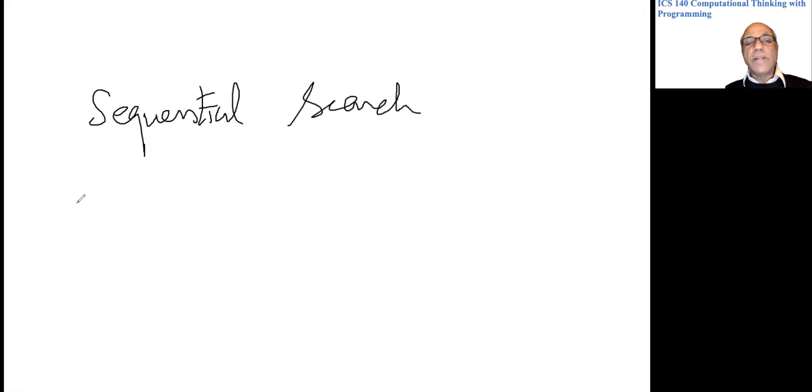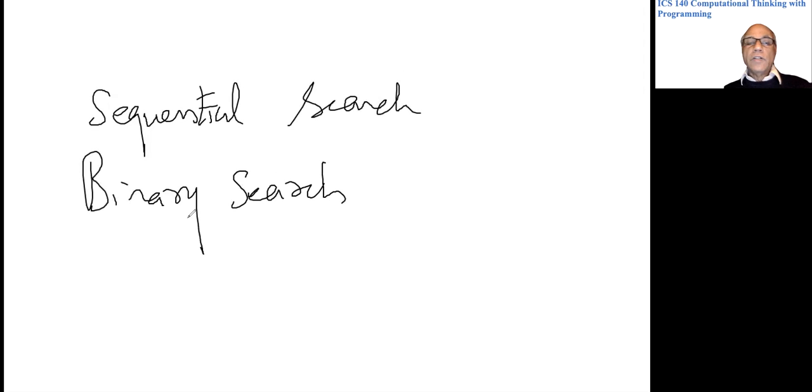One is sequential search, and the other one is binary search. What is the difference? I'm refreshing your memory here.